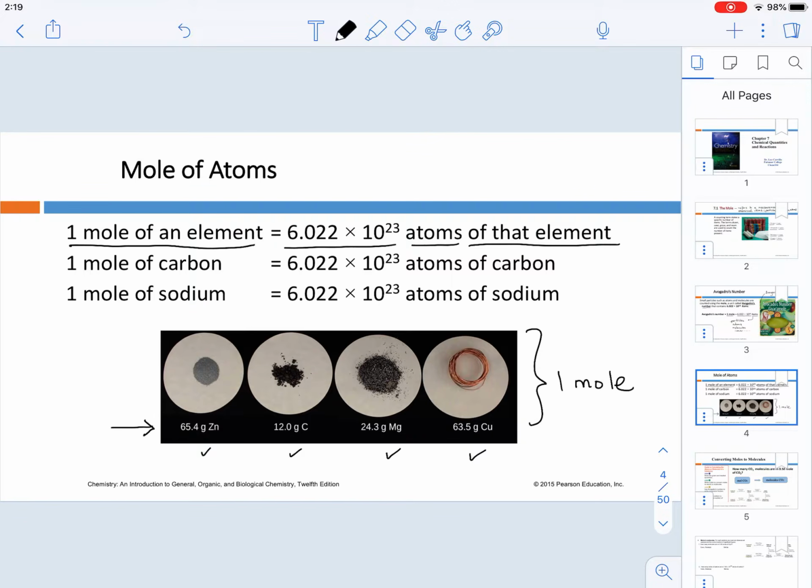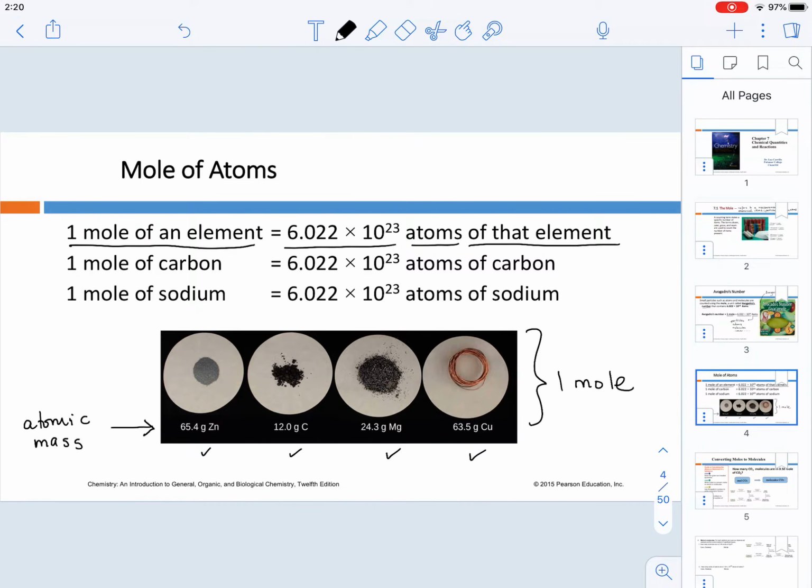Now, if we have the gram relationship for 1 mole of our elements, as you can see, that number at the bottom in grams refers to the atomic mass for that element. So what does that mean?